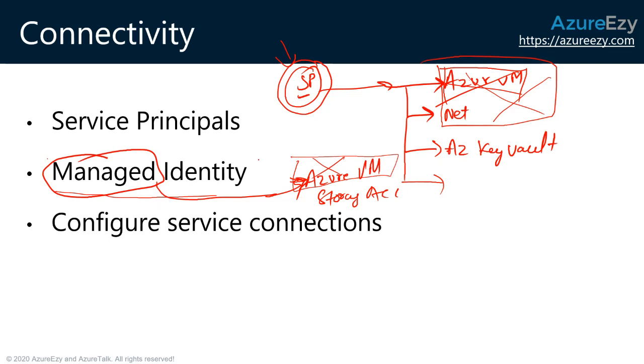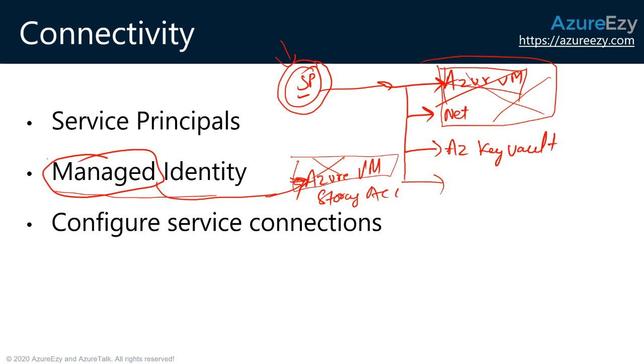So it is managed, it is taken care of. I don't really have to define a separate process to manage it, and that's why it is called managed identity, and that's why it is the preferred way of connecting with resources in Azure. Service principal is still being used, but it used to be the preferred way previously.